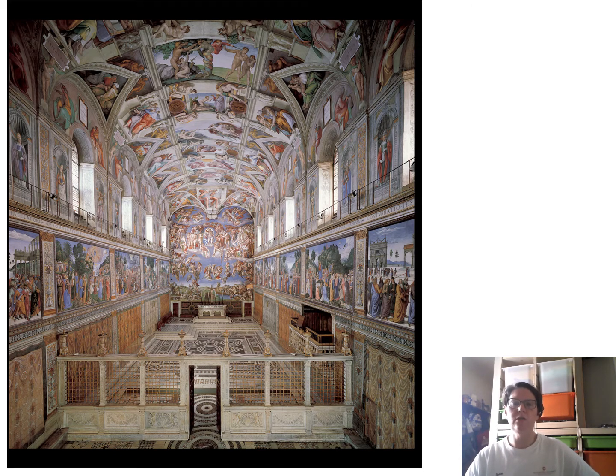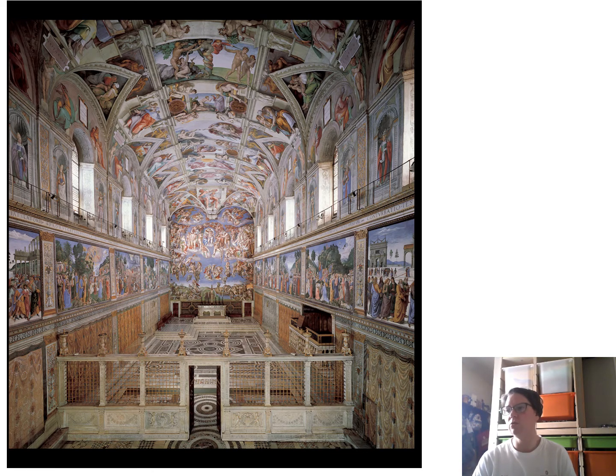The frescoes are in the Pope's chapel at the Vatican. They are roughly 45 feet tall and 128 feet long. The ceiling is done with scenes from the Old Testament. The Judgment is on the wall.